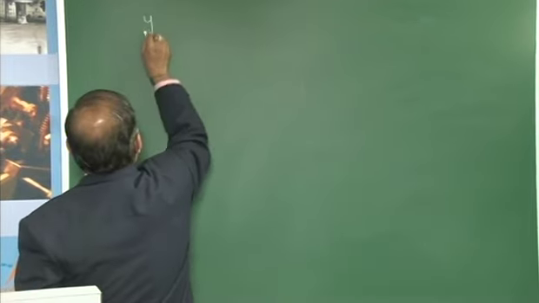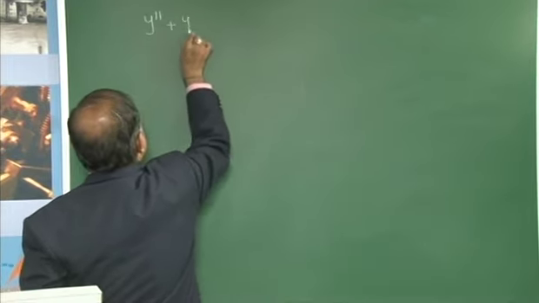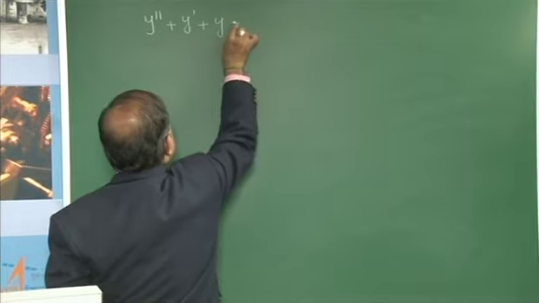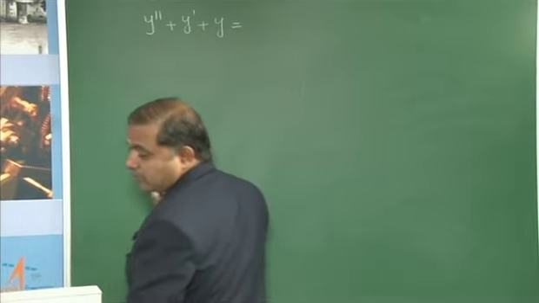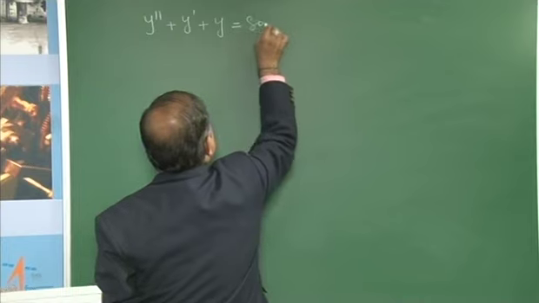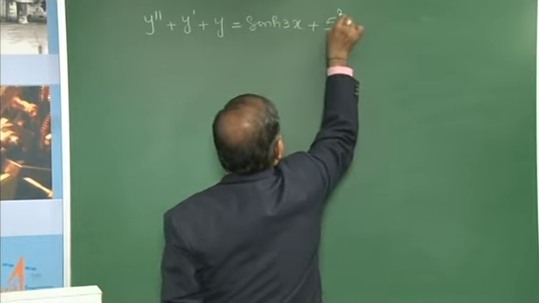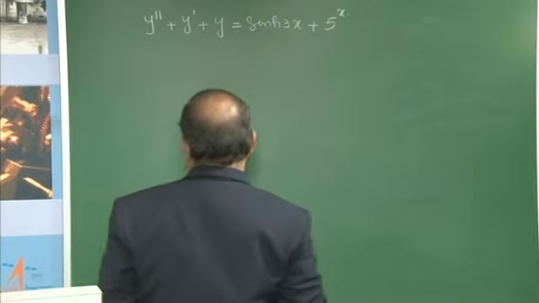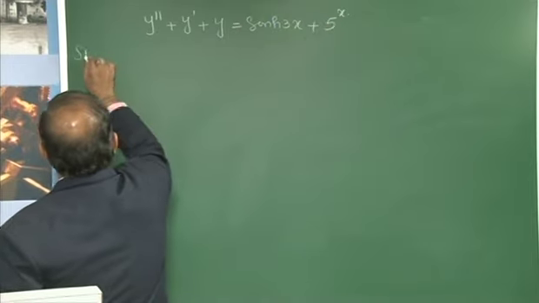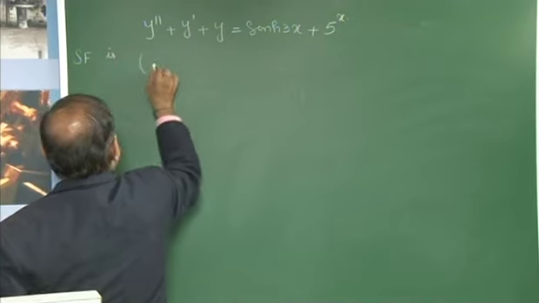y'' + y' + y = sinh 3x, again 5^x. What is the first step? What is my standard form?